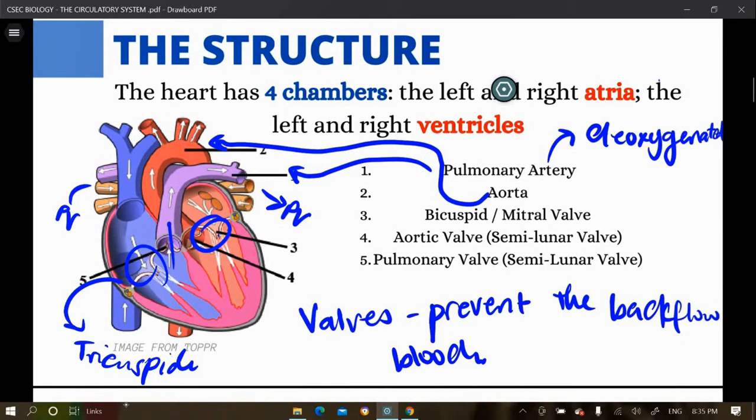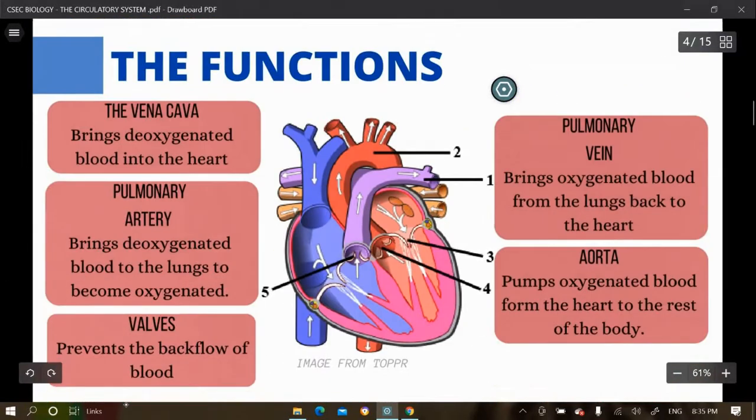So you need to know those specifics. Even though it would be impressive if you could remember the aortic valve and pulmonary valve separately, you can just put semilunar valve. It's not 100% required that you know them separately, if you get what I'm saying.